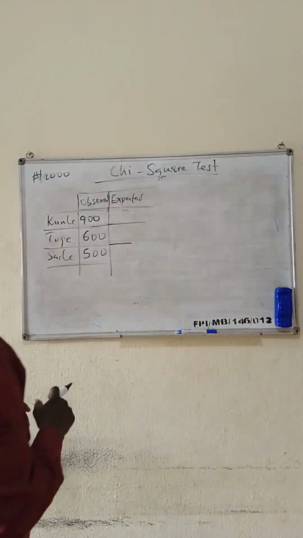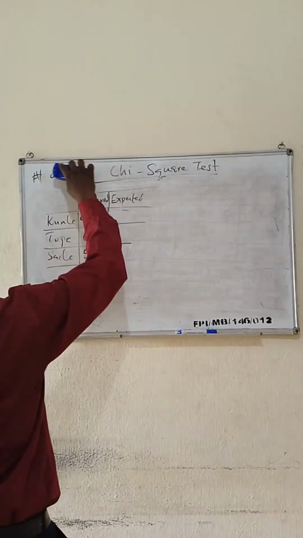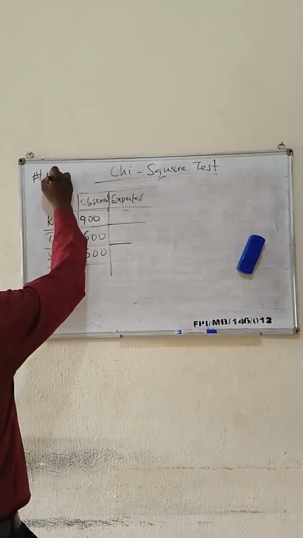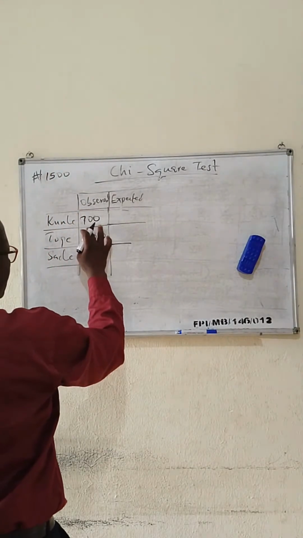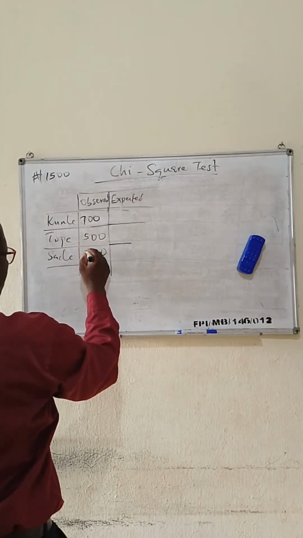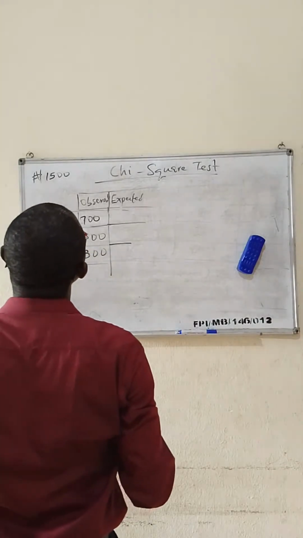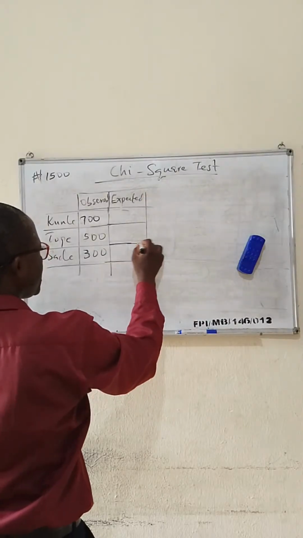Let me change the data to 15 so that it will make the calculation easy. Out of 15, the first person took 700, the second person took 500, and they left 300 for the last person. That is 15. For calculation to be easy, that's why I changed it.